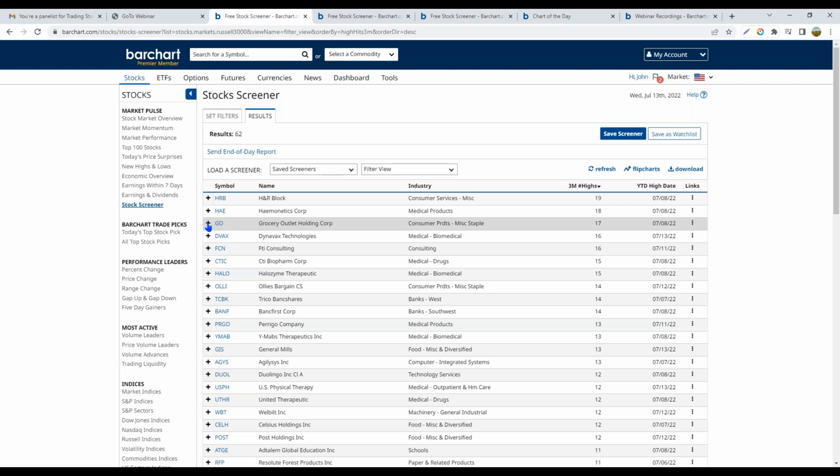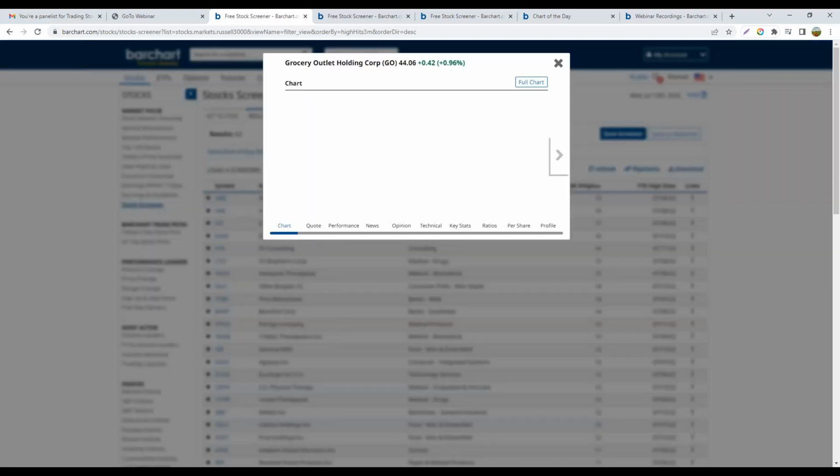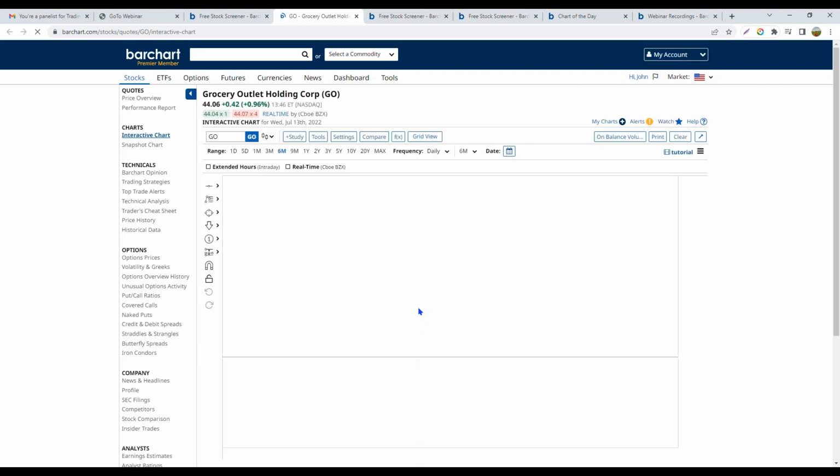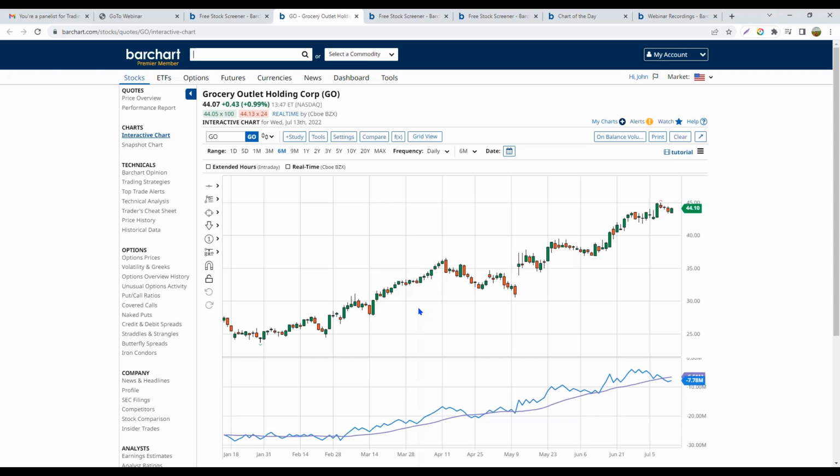Again, I can come into this little plus sign and it gives me a chart, and you can see this stock has done very, very well recently. If I open up the chart on this one, 6 months, wow, that's really a nice trending market.